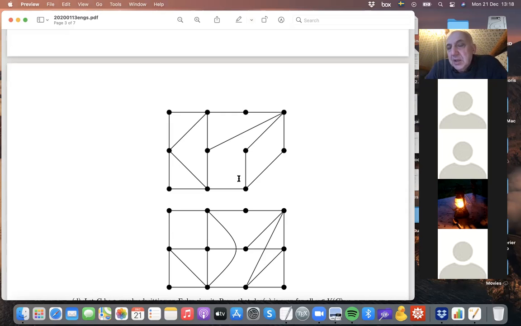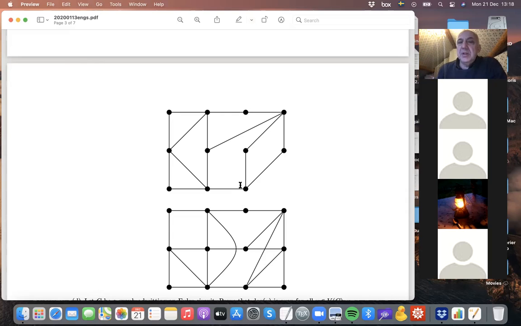If you want the cycle, you have to have all degrees even. If you want a path, you have to have exactly two vertices of odd degree, and all the rest should be even. In this graph, we have exactly two vertices of odd degree, this one and that one.